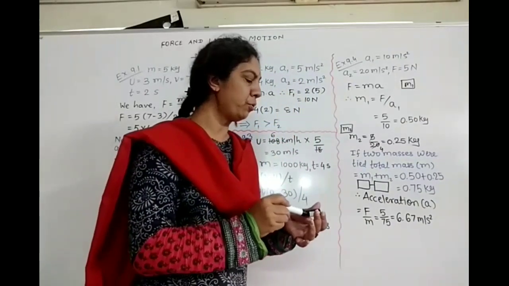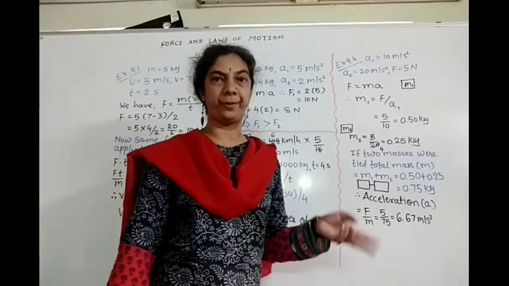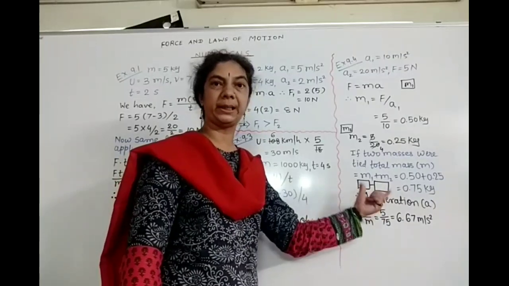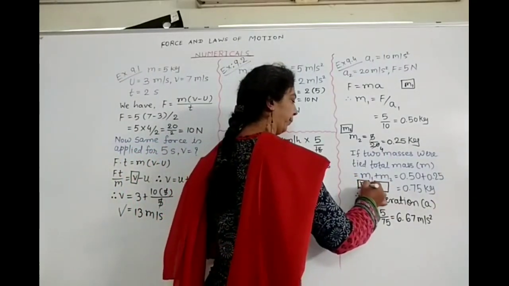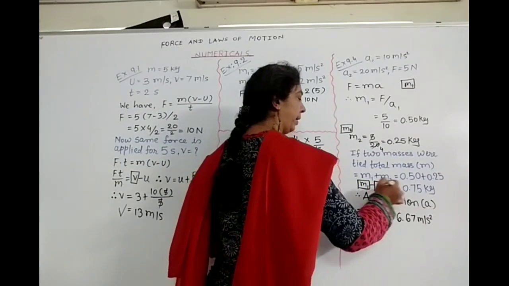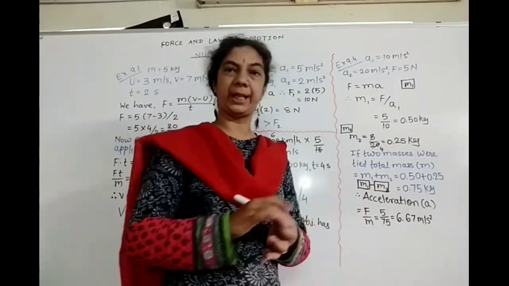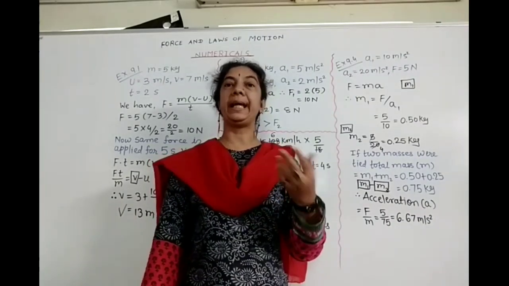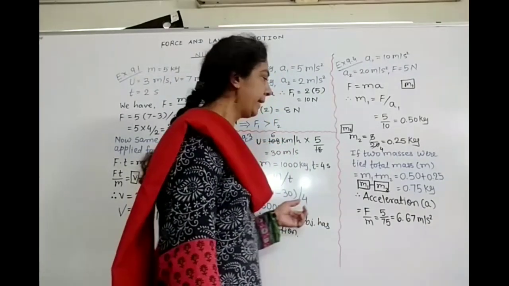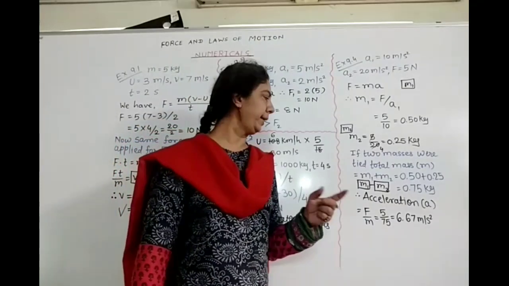Now these two masses we are getting for different objects. Now these two masses are tied together, M1 plus M2, and still we have the force as 5 Newton only. So how much acceleration will there be, that we have to find out.